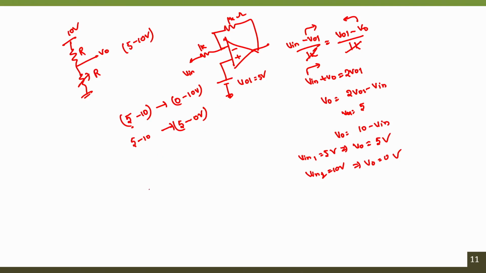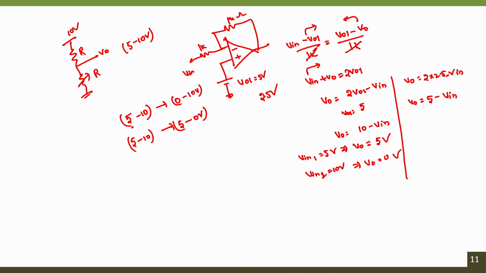So, rather than that, we can design another way: instead of using VO1 as 5 volts, considering VO1 as 2.5, right. So, when we consider VO1 as 2.5, V naught is equal to 2 into 2.5 minus V in, which is nothing but V naught is equal to 5 minus V in.